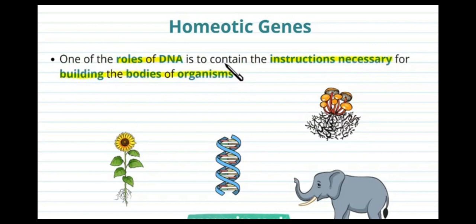So we know that all the animals have DNA in their cells, and this DNA holds the key to the developmental pattern. One role of DNA is to contain the instructions necessary for building the bodies of the organism.